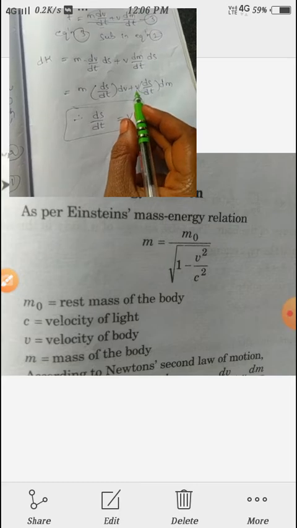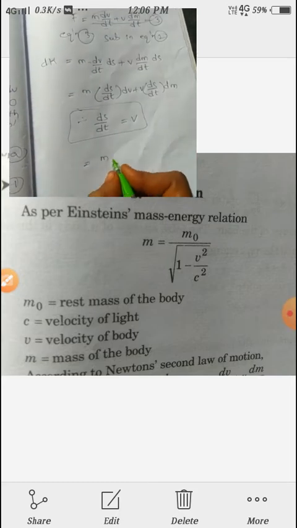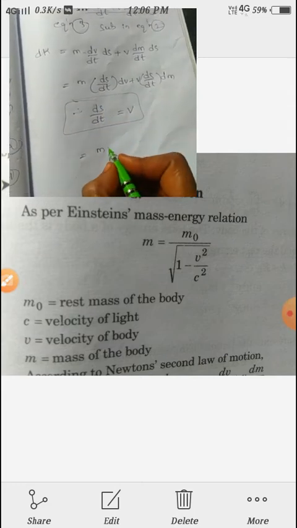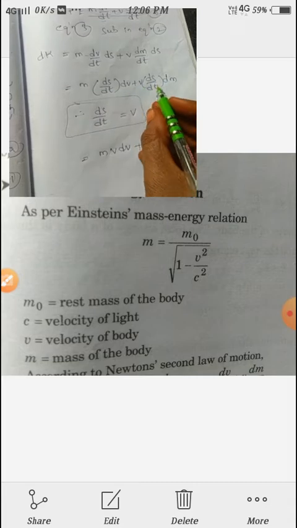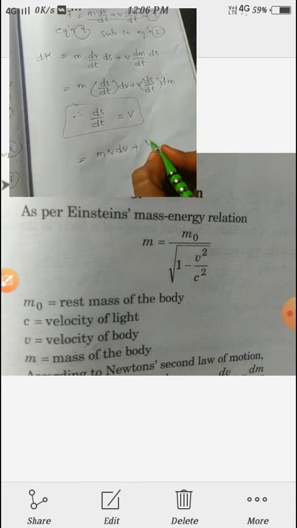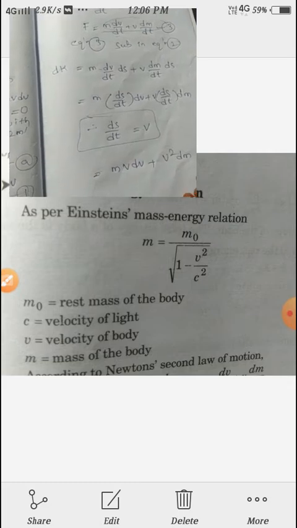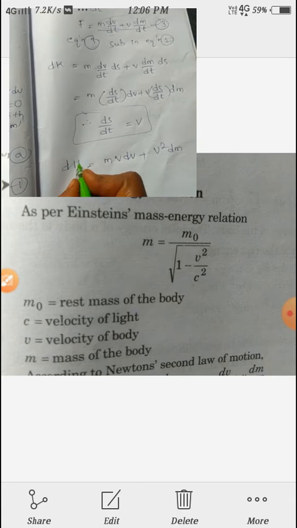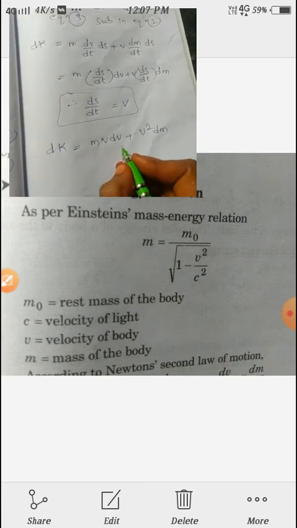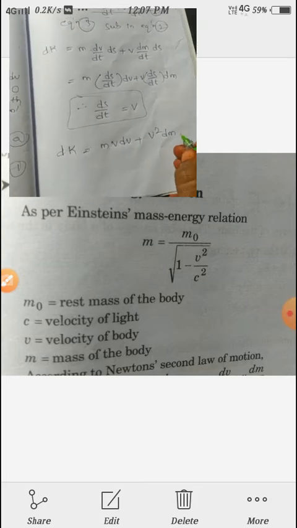Here also v is already there, so it becomes v square. So we can write m ds by dt, in its place I substituted v, so mv dv plus v square dm. This is dk is equal to mv dv plus v square dm.